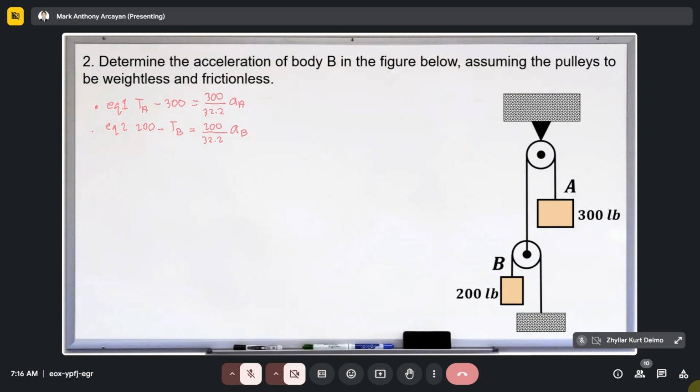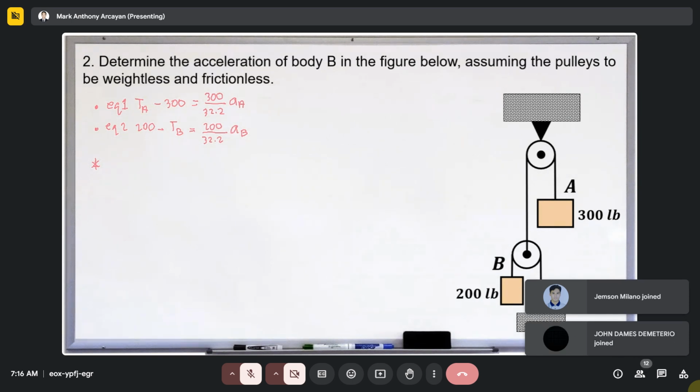Okay, now we will focus on the acceleration. No? We'll focus on the acceleration. How can we combine the two accelerations as a single acceleration? Or how can we relate the acceleration of A in terms of B and vice versa?